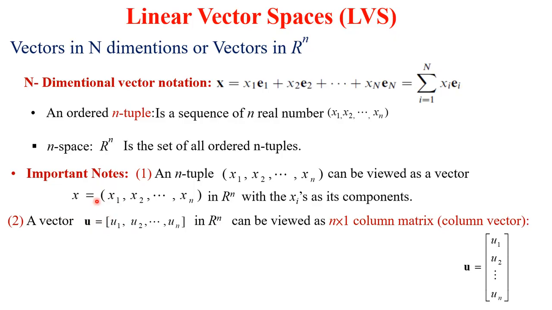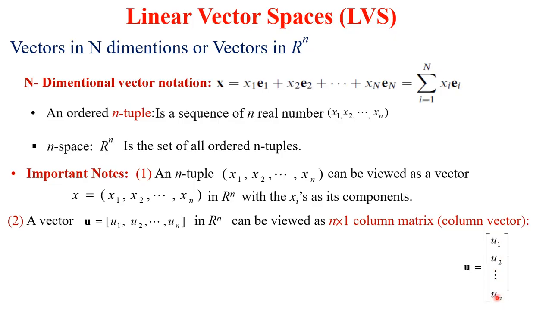So this is one notation of representing an n-tuple or an n-dimensional vector. But this n-dimensional vector can be represented with a column vector or a column matrix, and this idea is very important for quantum mechanics, where we'll be using column vectors for n-dimensional vectors.